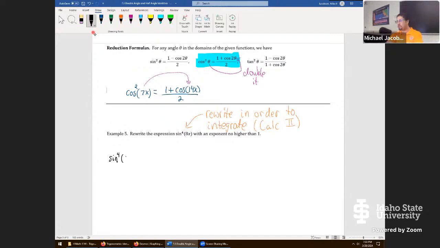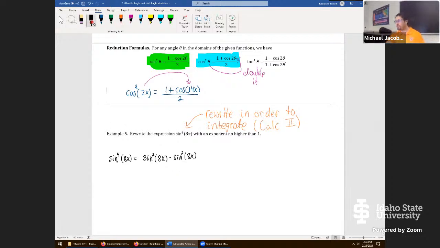Take the sine power 4 of 8x, and you can re-express this as sine squared of 8x times sine squared 8x. Now we're going to do what we did with the cosine identity for sine, but we're just going to do it twice now. Does that make sense to folks on the start for this one?